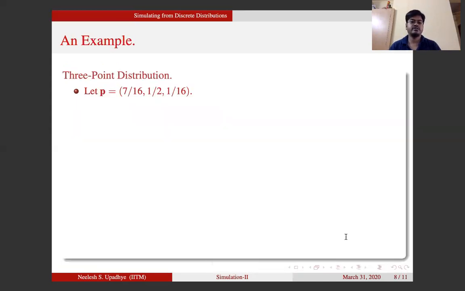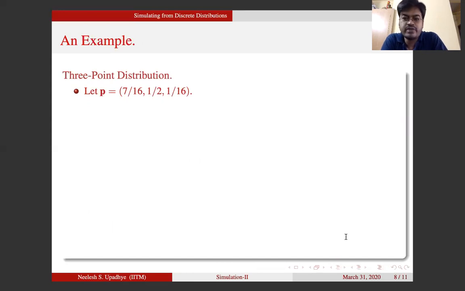So the example is very neat. It has only 3 points: 7 by 16, which is 0.1, half, which is 0.2, and 1 by 16, which is 0.3. Now, what is n minus 1? Because n is equal to 3, n minus 1 here will be 2.